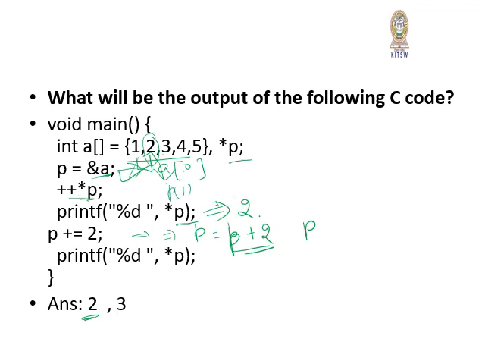Now this starts with 0, this is 1. Now when we write p plus 2, p is the address of the array, which is now 1, and we add 2 to it. So here we get 4, 2 plus 2 gives 4.